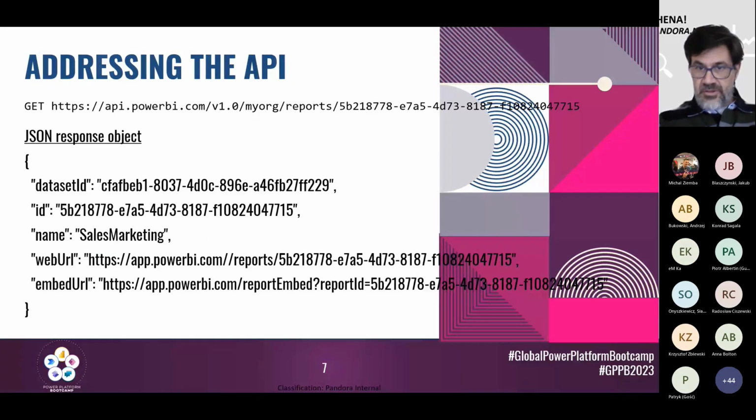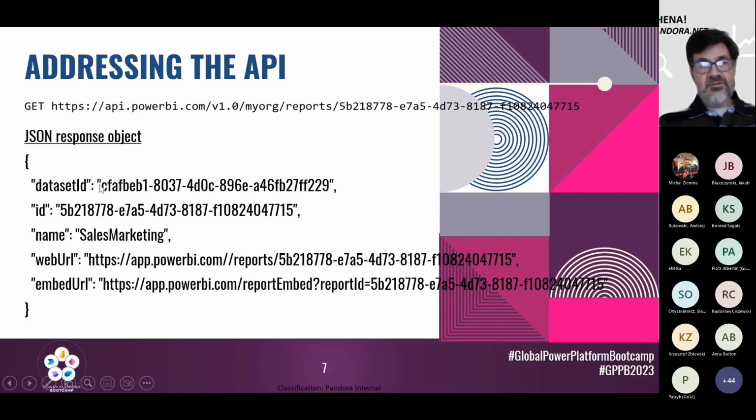Sorry, this slide actually is not so clear. When you call an API, basically you have a URL, and this is the standard URL you read from the documentation. In this case, we are calling a report, and we are passing the report ID to the API. The output is always a JSON object.